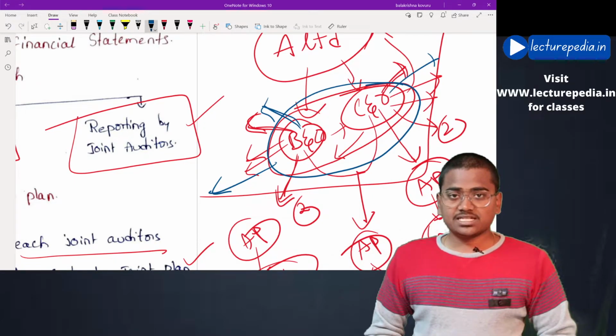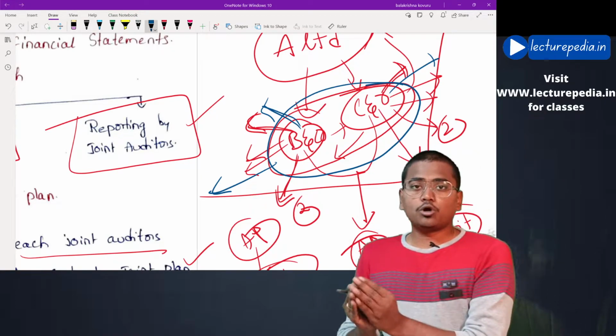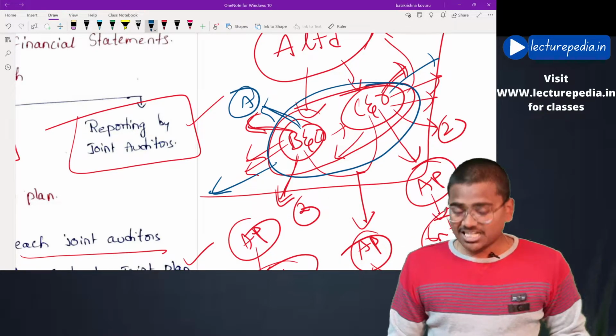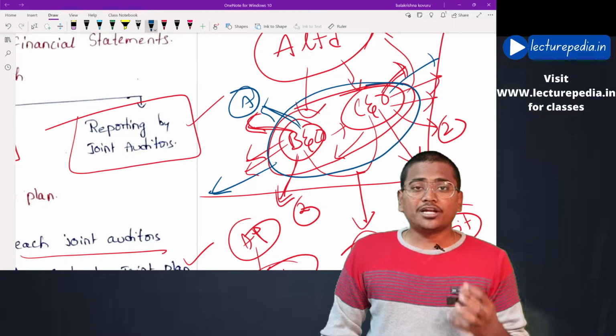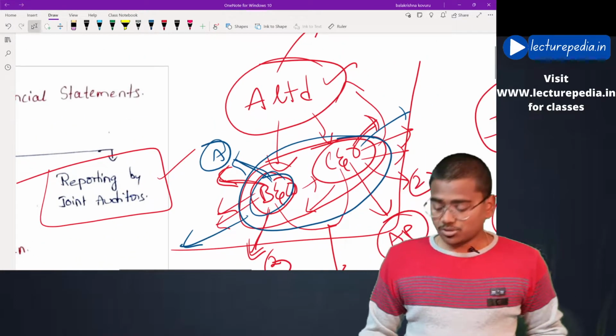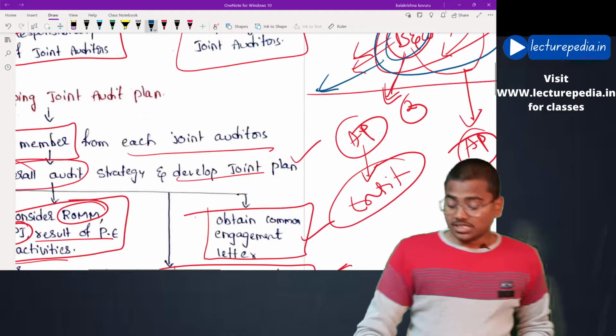Joint auditors themselves will decide whom to audit what. Now B and Co will be responsible in respect of assets only, because audit of assets has been allocated to B and Co, and C and Co will be responsible in respect of liabilities only, because audit of liabilities has been allocated to C and Co.